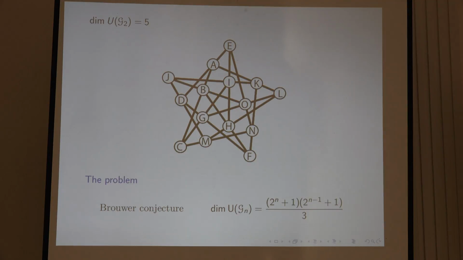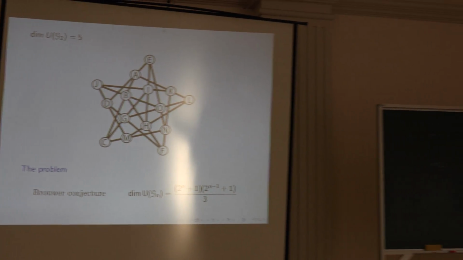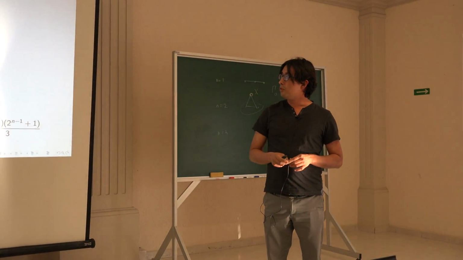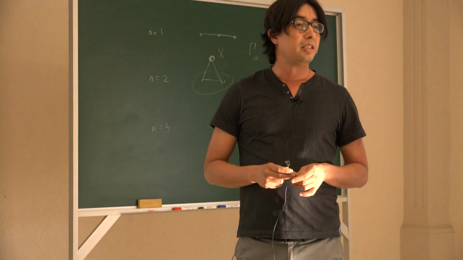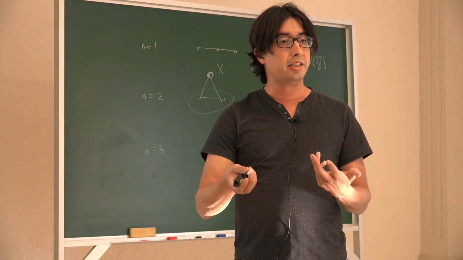And the next dimension is 5, and what does it mean? It means that you can take 5 points there, with the rule that if you have 2 points in one line, then you have the third.